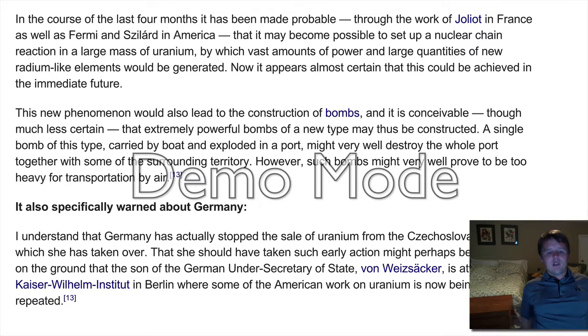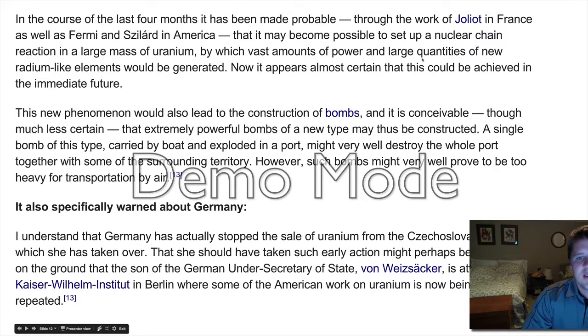This is just a copy of a summary of the letter that Einstein wrote. As you can see here, he says, it is possible to set up a nuclear chain reaction in a large mass of uranium. This new phenomenon would also lead to the construction of bombs, and it is conceivable that extremely powerful bombs of a new type may thus be constructed.